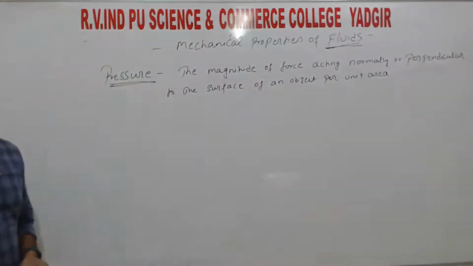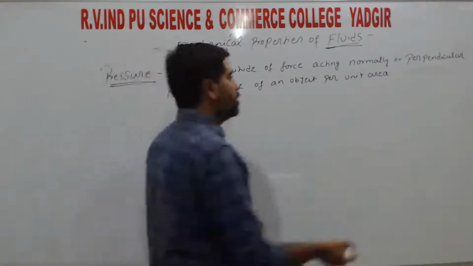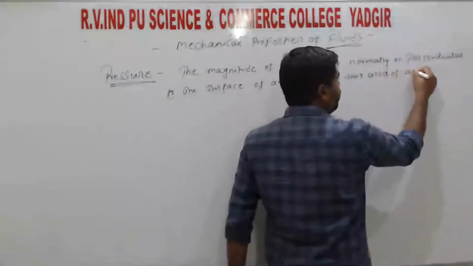So that is the definition of the pressure, per unit area of an object.